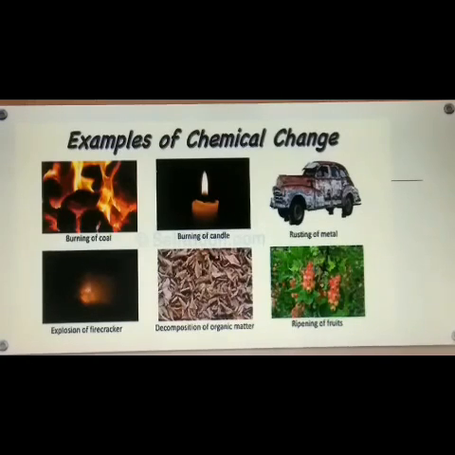Generally iron will rust, and that rust occurs due to the change in chemicals present in that metal. And then the explosion of firecrackers, decomposition of any organic matter, and ripening of fruits. All these occur due to the change in chemicals present in them.